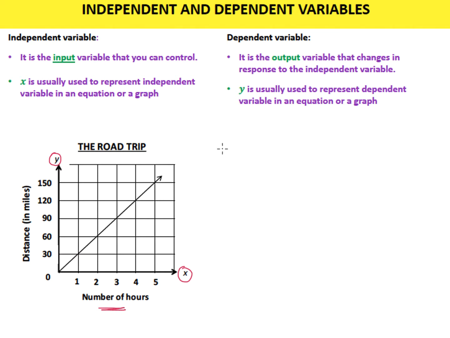Let's write that down here. Independent variable is the number of hours. And y represents the dependent variable, which is distance in miles. Again, let's write that down. So the dependent variable is the distance in miles.